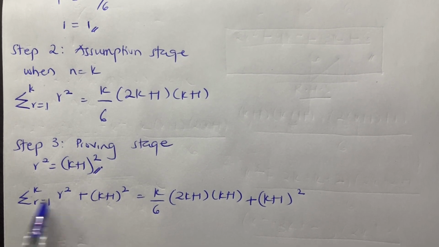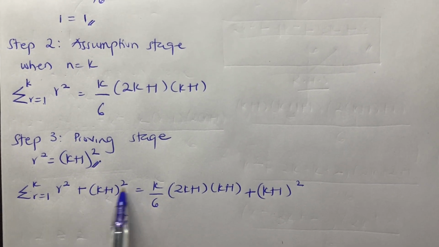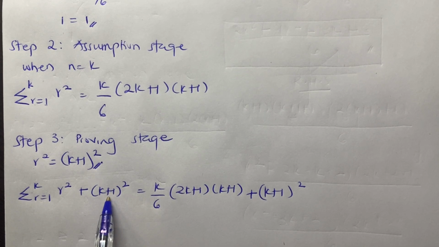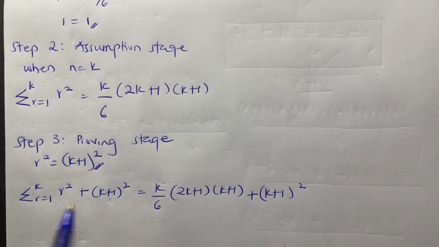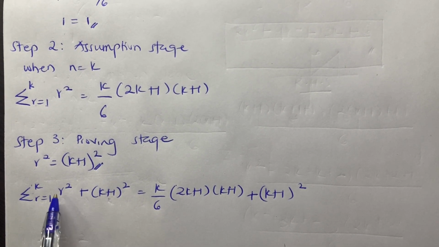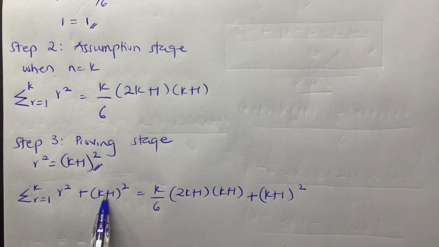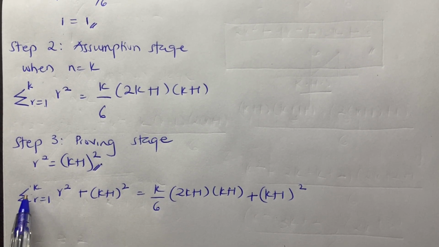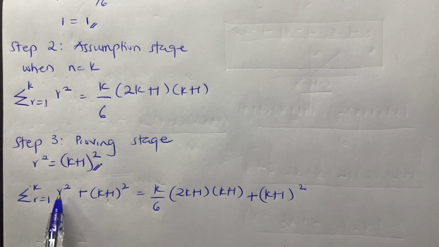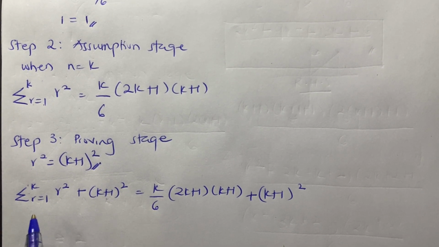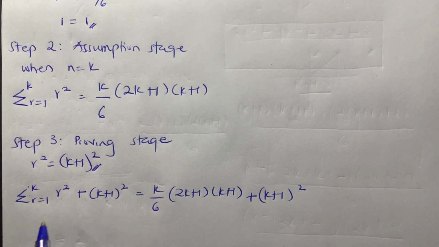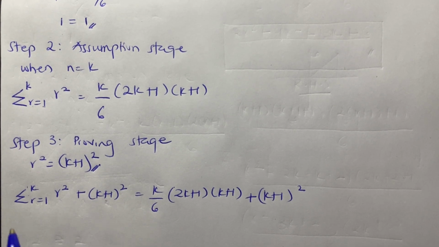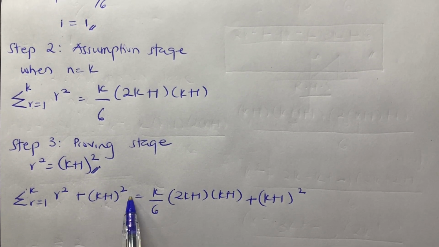The only thing you have to do is omit this k plus 1 squared that you added to the left hand side, and just change this k to k plus 1. So this is just showing you that this k plus 1 squared has been added to the summation, right? Because from how r looks, it's starting from 1, so it's like 1 squared plus 2 squared plus 3 squared up to k squared, and now we have k plus 1 squared, right?